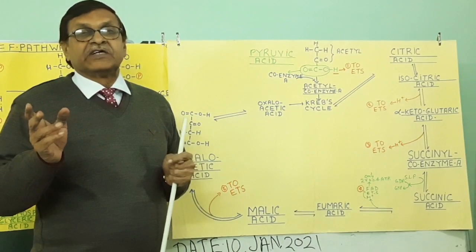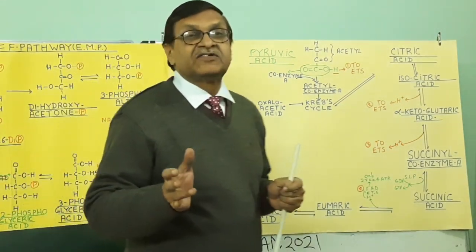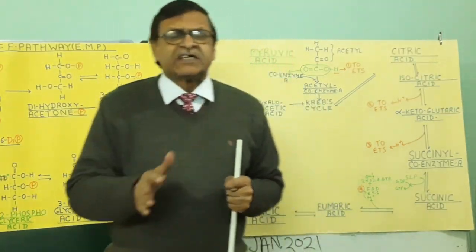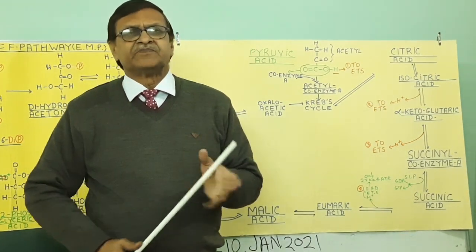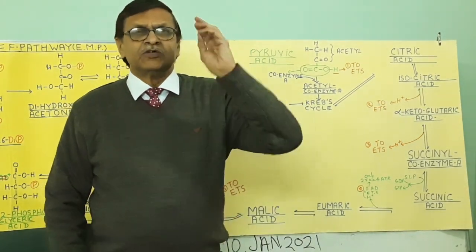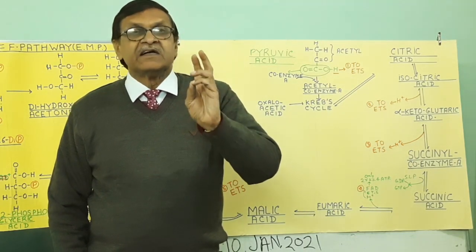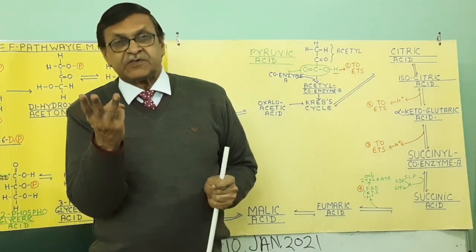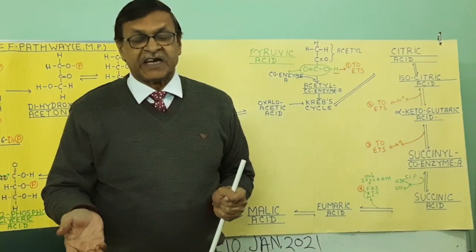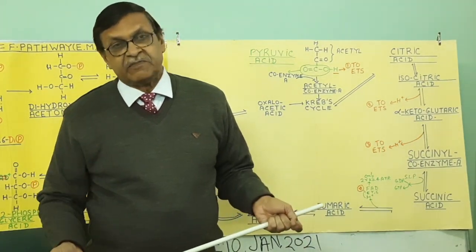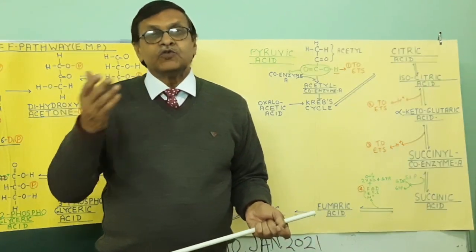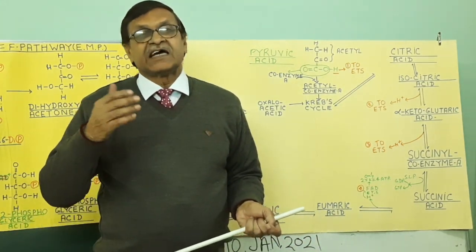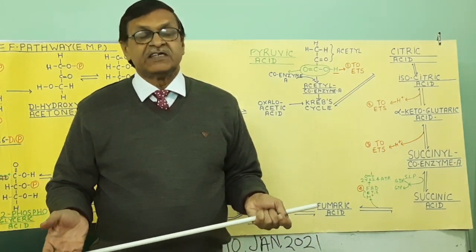And I also told you that for all steps, it is not required that you remember the names of different enzymes one by one. In the beginning, if you have a problem, you just keep it in your mind that there are three types of reactions. One where isomerization is there, the enzyme will be called isomerase. At certain places, CO2 is removed, the enzyme is carboxylase or decarboxylase.